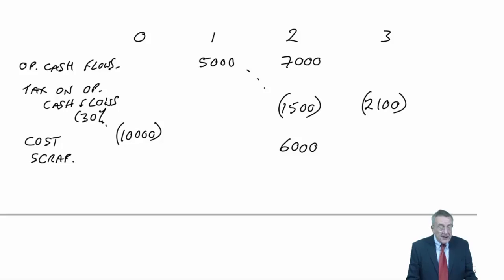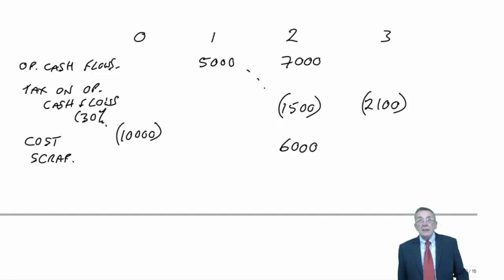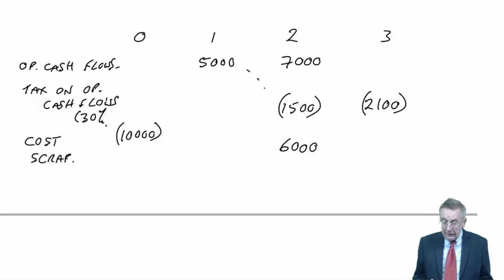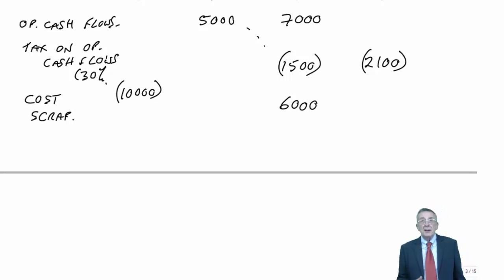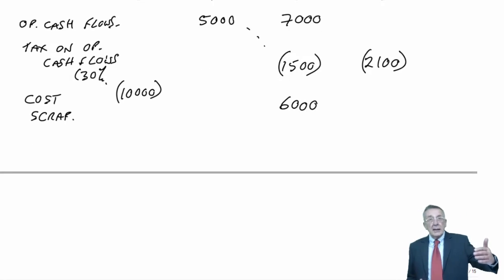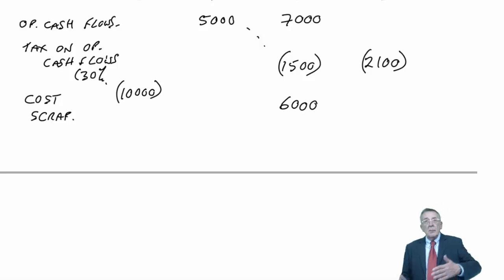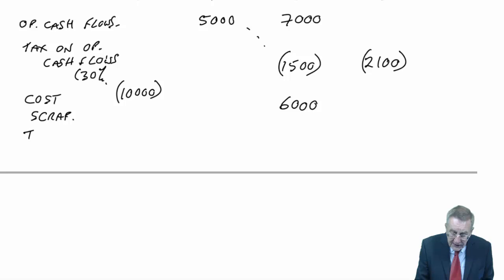You'll be told, it says here 25% reducing balance. But if you think back to that little tiny example I did a few minutes ago, if there are capital allowances, we'll end up saving tax as a result. The tax saving on the capital allowances.